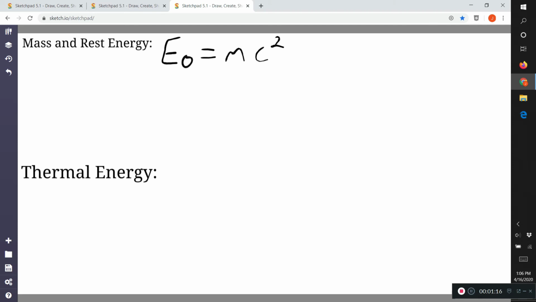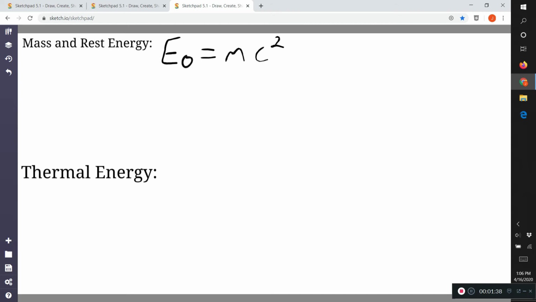So when we talk about nuclear reactions and particle physics, we're working in scales where this actually matters and it comes up. But if we are working on a day-to-day scale, dropping things off of buildings, firing a rubber band, this is not going to play a factor in how we consider those numbers.